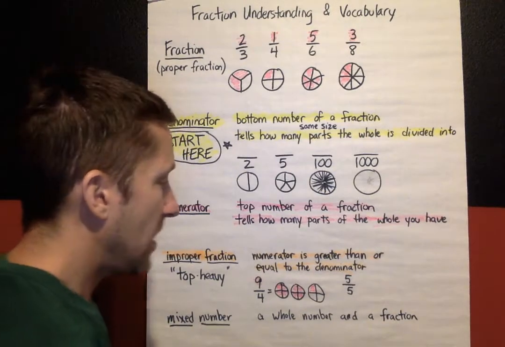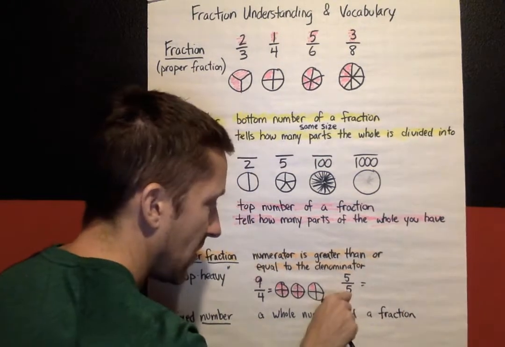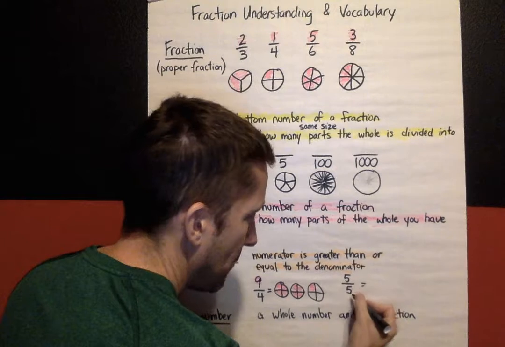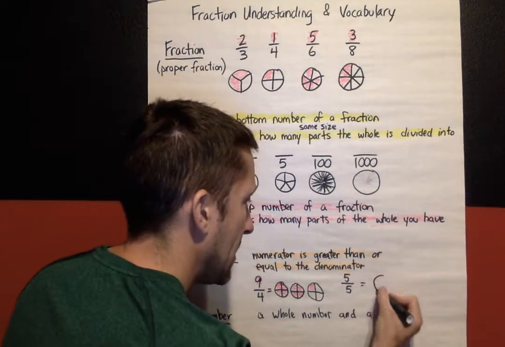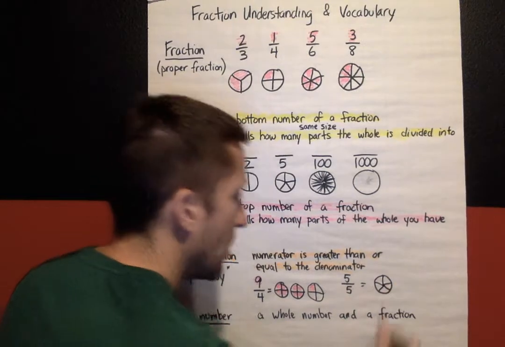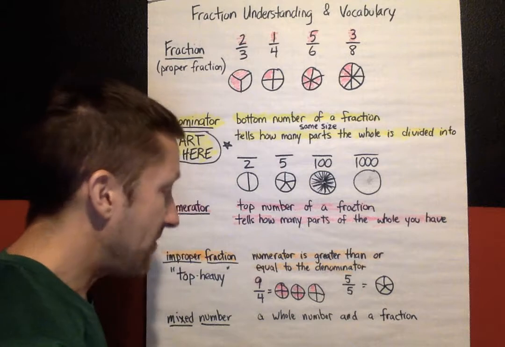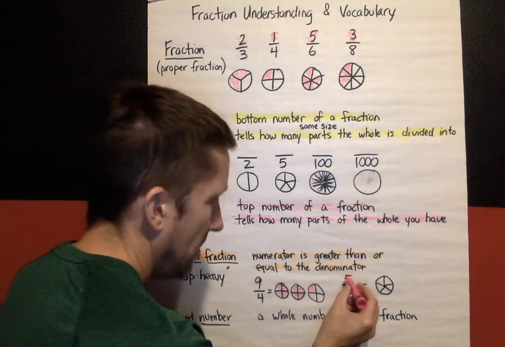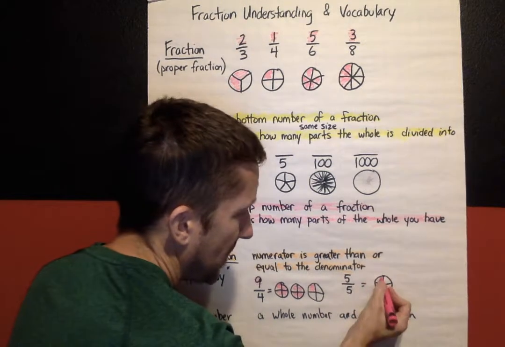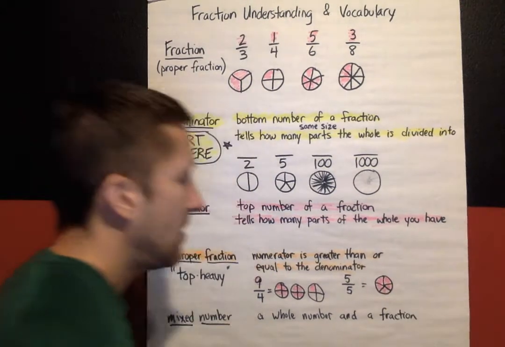5/5. Okay, if I were to model 5/5, I would again start with my denominator. The denominator 5 means that I am starting with this model, or in my head, that. The numerator 5 on top tells me how many to shade in. 1, 2, 3, 4, 5.